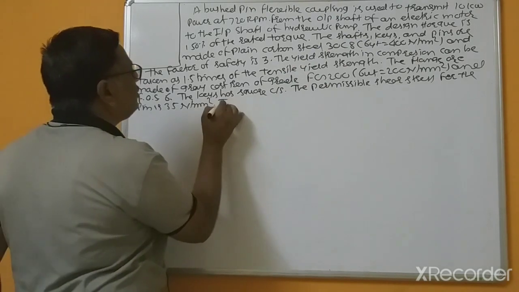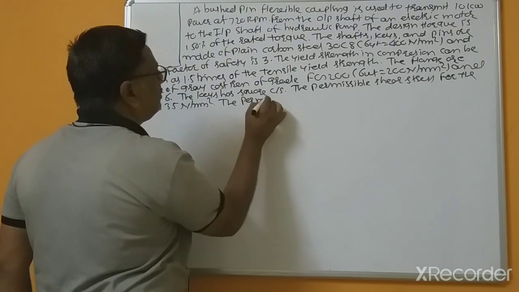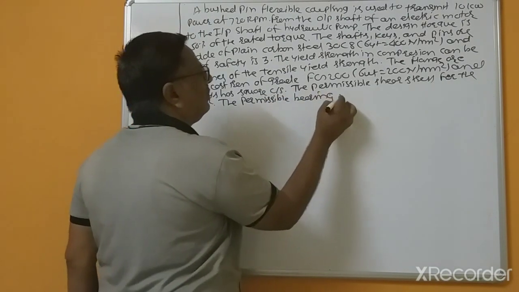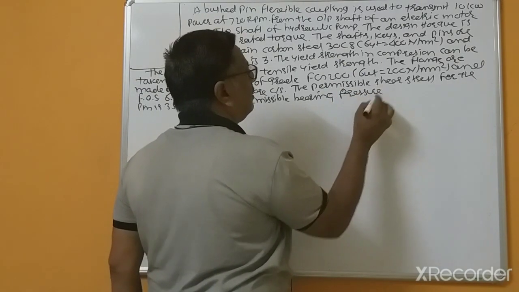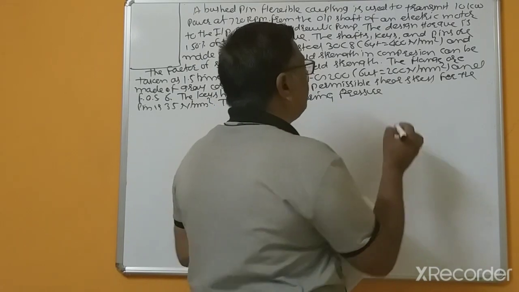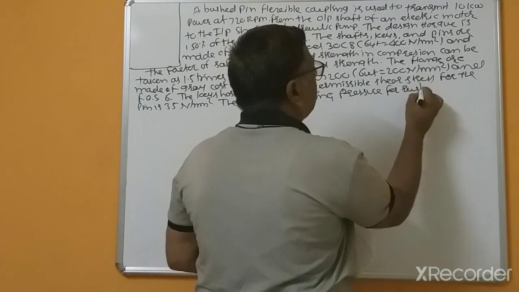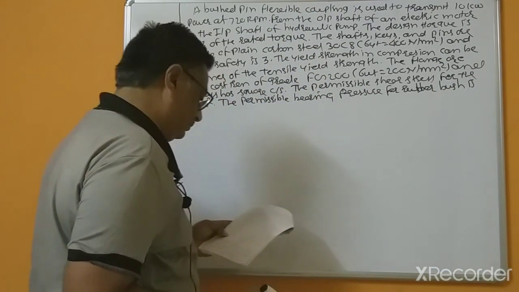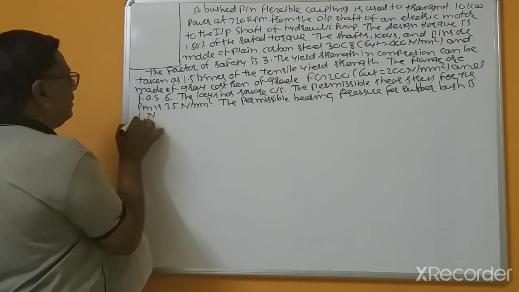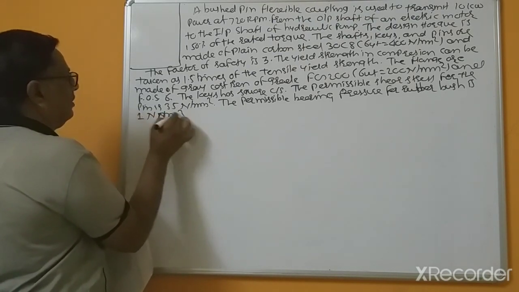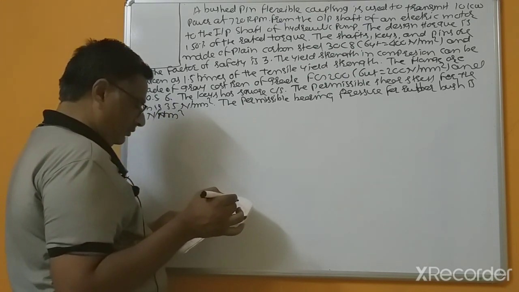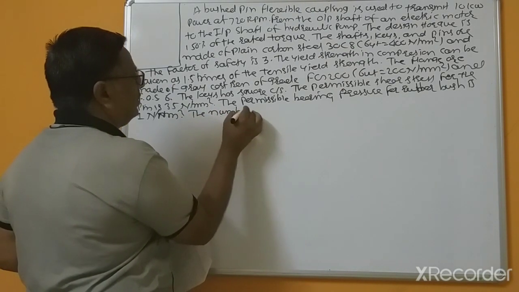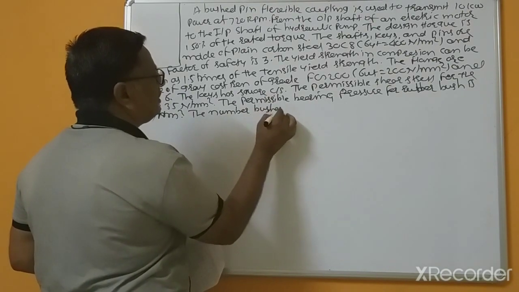The permissible bearing pressure, this is PM, for the rubber bush is 1 Newton per mm square, and the number of bushes is 4.